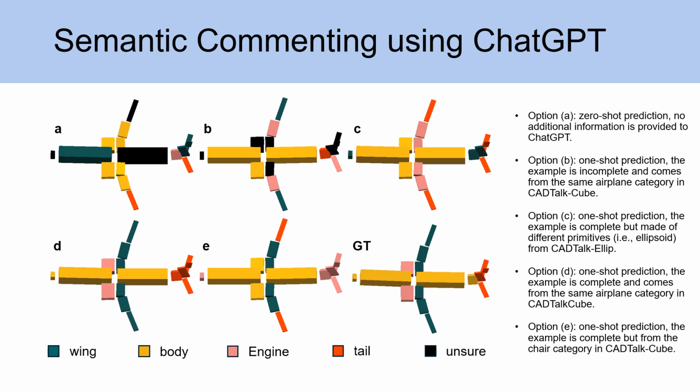The experiment revealed that, to our surprise, in option D, a single example is enough for ChatGPT to successfully comment programs that represent the same object category with the same geometric primitives. When asked to explain its answer, ChatGPT reported using the volume and relative position of the parts as evidence, such as the fact that the body should have the biggest volume, while the wings should be attached on the 2 sides of the body.